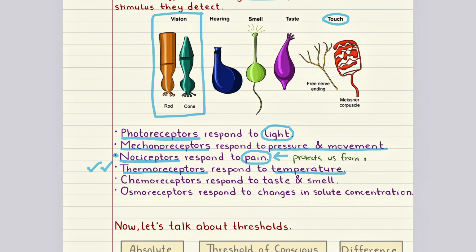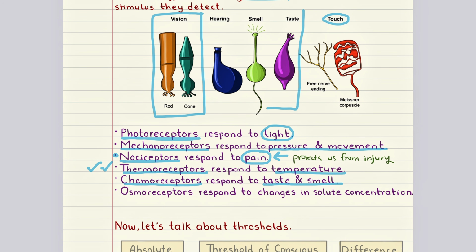Next, I want to mention that some sensory systems work a little differently because they rely on the detection of chemical molecules. That leads us to chemoreceptors. Chemoreceptors interact with molecules in the environment, and those interactions provide raw information that eventually gives rise to the sensations of smell and taste.